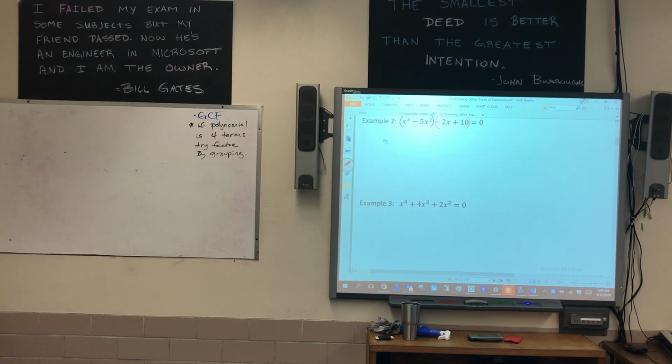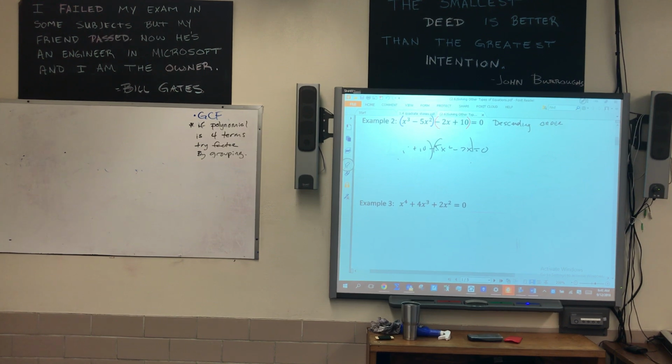Another thing that's important in regards to grouping, you need to make sure that they're in descending order. If that polynomial is not in order, because I can give you x cubed plus 10 minus 5x squared minus 2x equals 0, and if I just haphazardly start grouping the front 2 and the back 2, there's nothing that's going to come out of those front 2 that makes this a factorable problem. Does that make sense? They have to be in descending order.